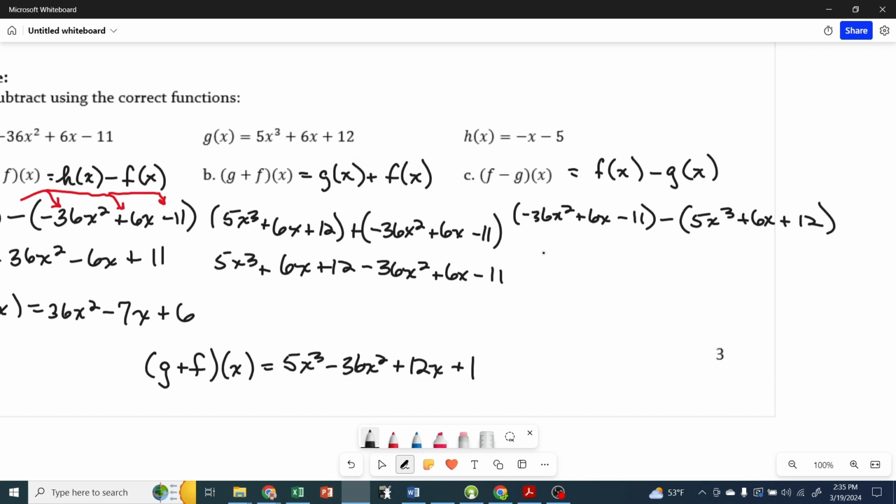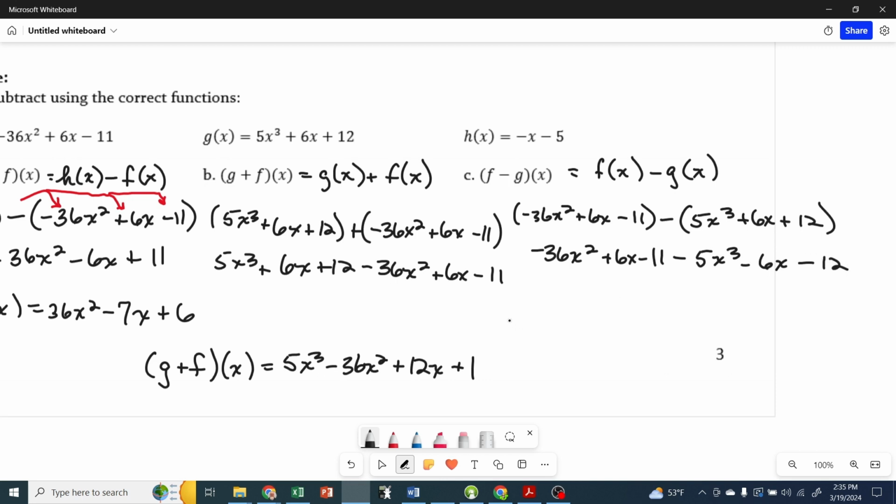So we end up clearing parentheses, so we end up with negative 36x squared plus 6x minus 11 minus 5x cubed minus 6x minus 12.